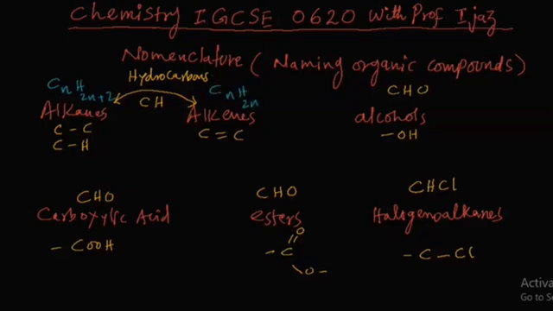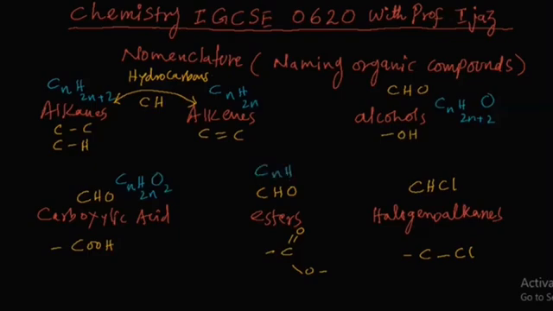So if we copy the general formula of alkane, CnH2n+2, and just put one oxygen, we will get the general formula of alcohol. For carboxylic acid, we can copy the general formula of alkene, which is CnH2n, and if we add two more oxygen, we'll get the general formula of carboxylic acids.